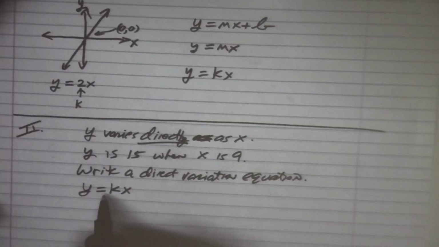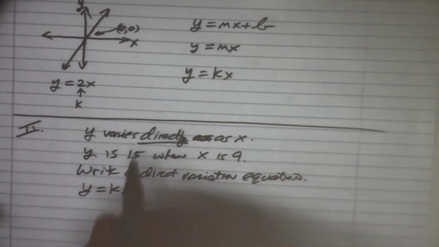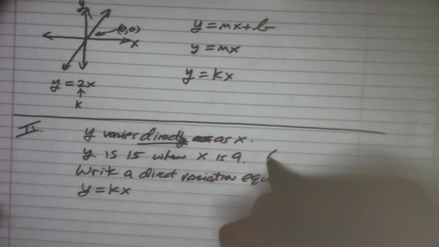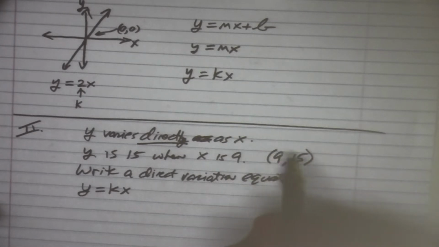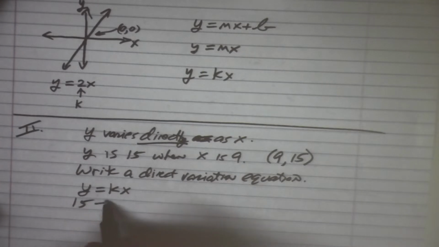But I didn't know what the k is. I don't know the k, but I do know one pair in x, y. Think about what this is telling you. If the x is 9, the y is 15. Aha, I put it in that format. You're used to sometimes using that format with equations, so let's plug them in. 15 equals k times 9.